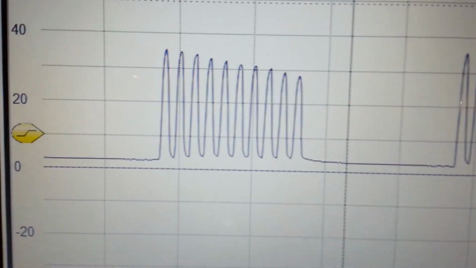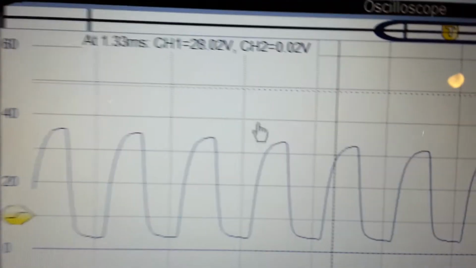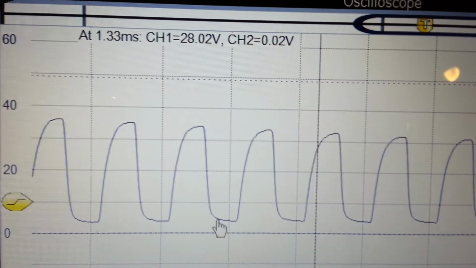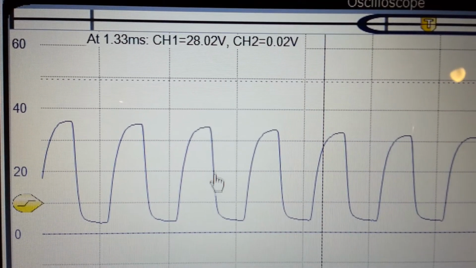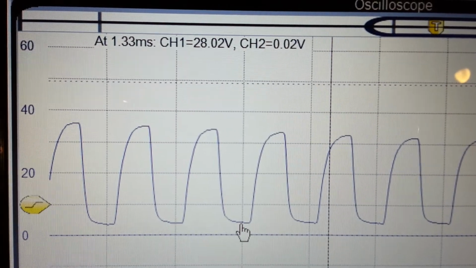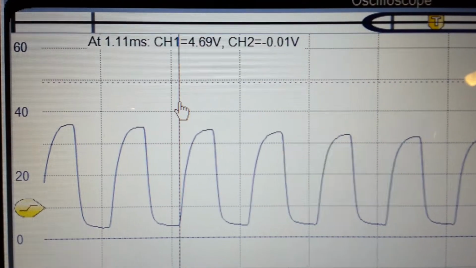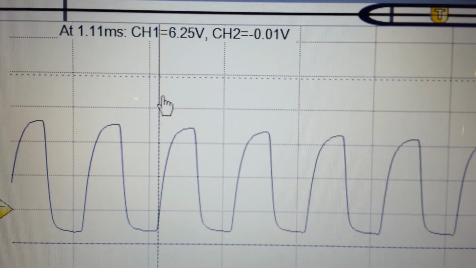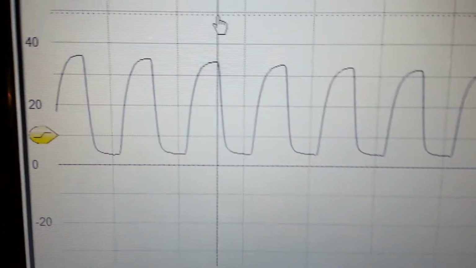Just spread the wave out a little. Okay. This last portion here, this is the capacitor discharge, so it's not really part of the pulse going through the inductor. So we'll ignore that. Here the start of the pulse is 1.11 milliseconds, and the peak is 1.16 milliseconds.